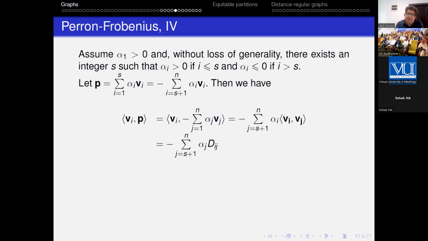So then we can try to calculate this. So we see that that is minus the sum over s plus 1 to n of alpha j times the inner product of vi and vj, which is dij.